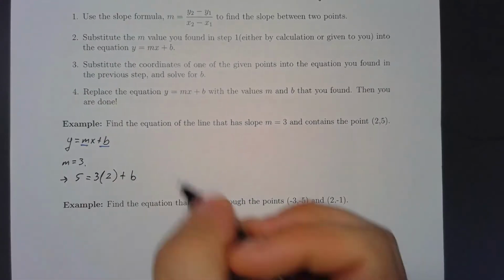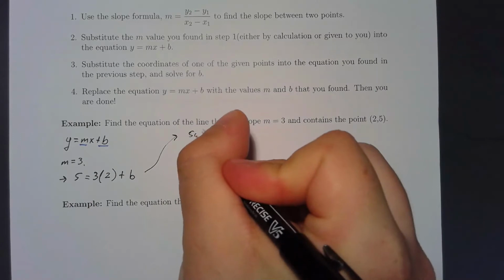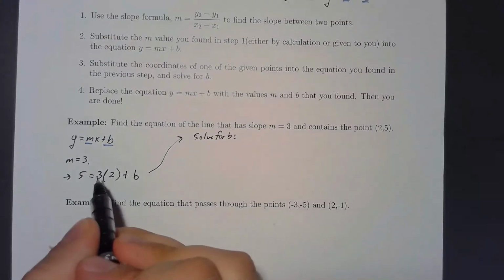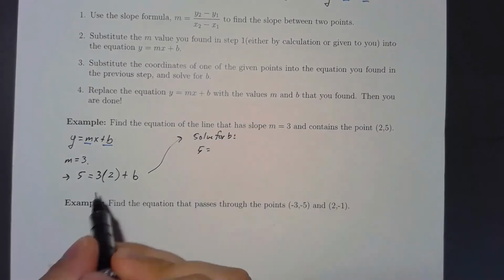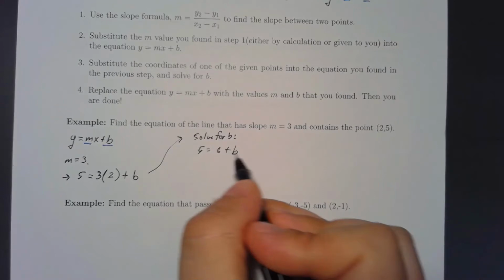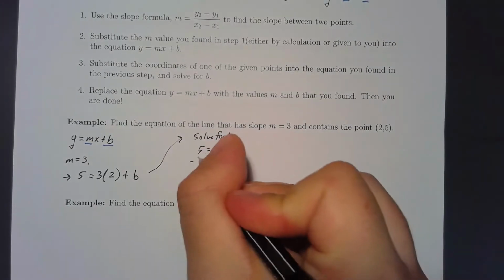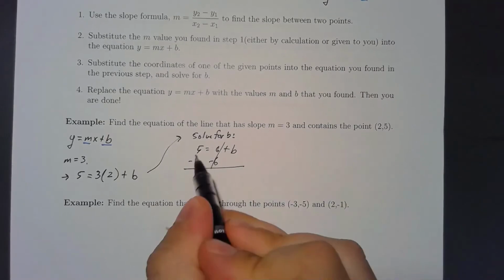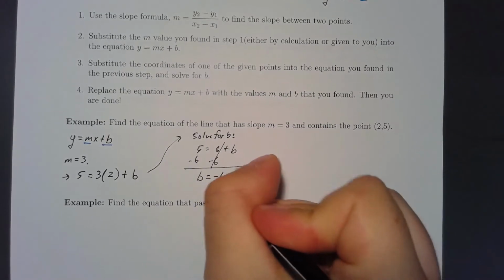Now you can solve for b. So 5 equals 3 times 2, which is 6, plus b. To solve for b, you just subtract 6 from both sides. Get b equals 5 minus 6, which is negative 1.